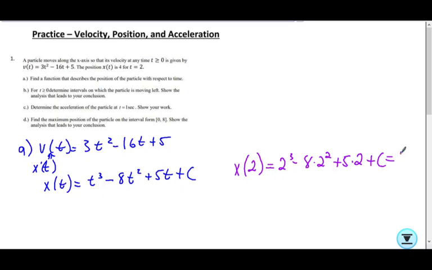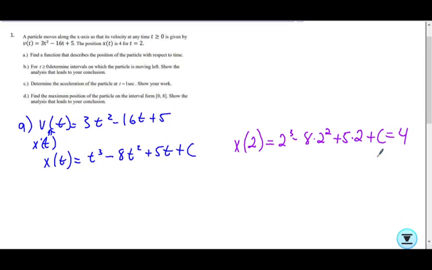This has to be equal to 4, which means that c itself is 18. So I come back over here, that means my position equation then is t cubed minus 8t squared plus 5t plus 18. So that is my position equation.